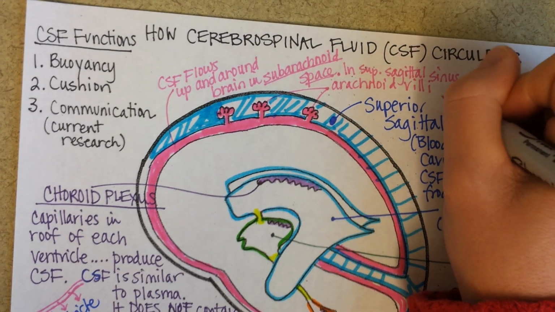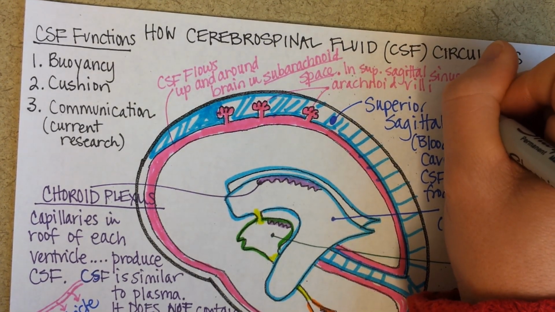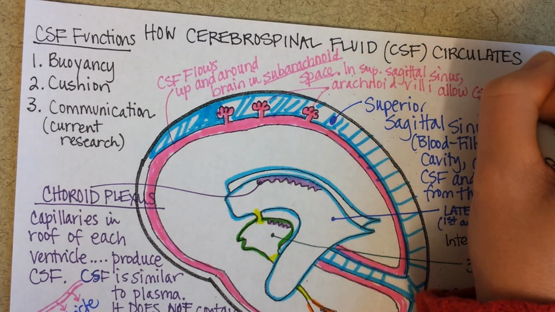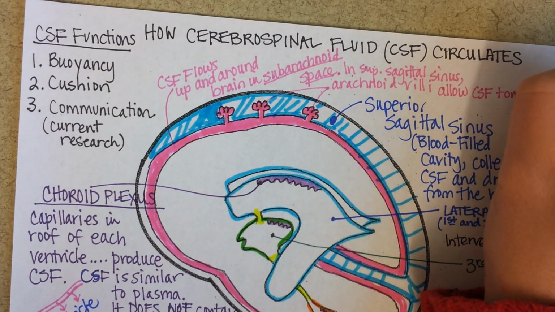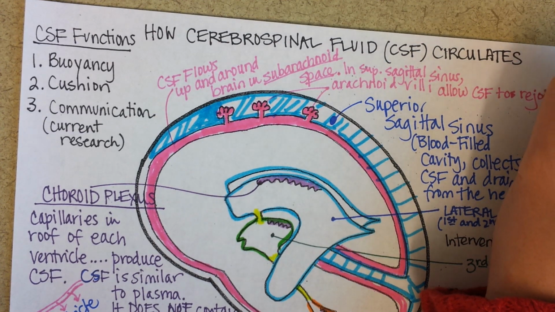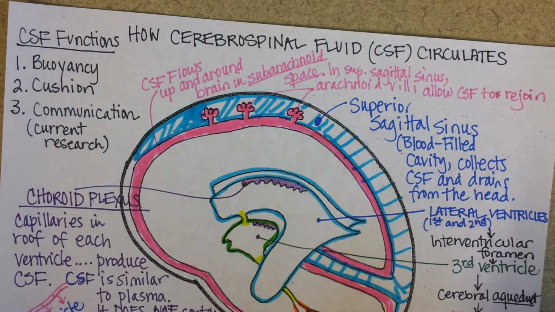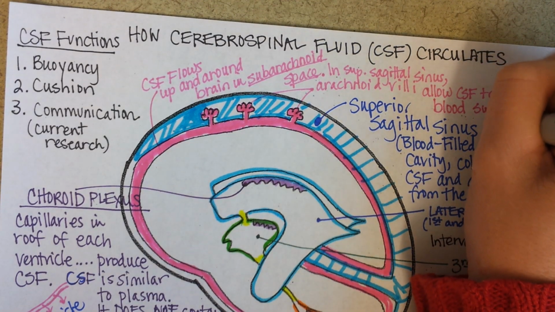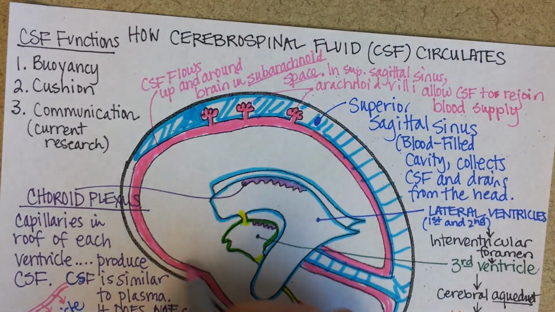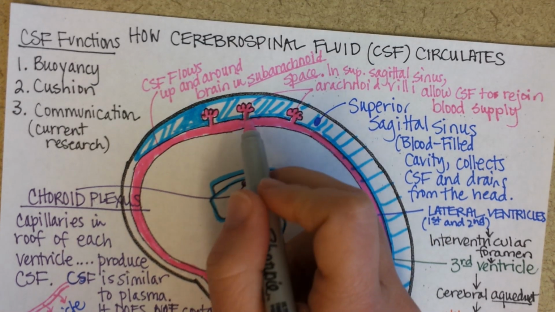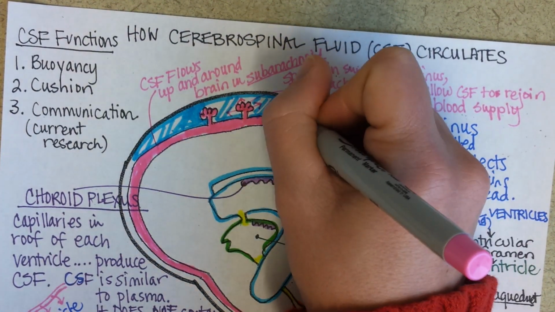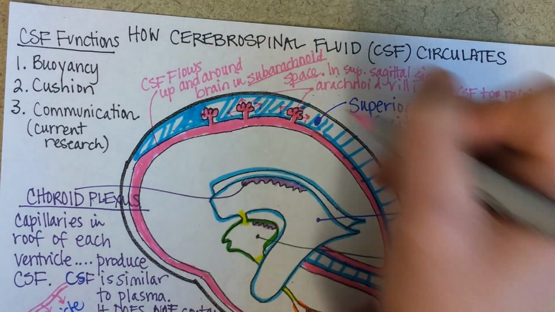The arachnoid villi allow CSF to rejoin the blood supply. So in the subarachnoid space, this is clear fluid that is pressed back in to the blood supply.